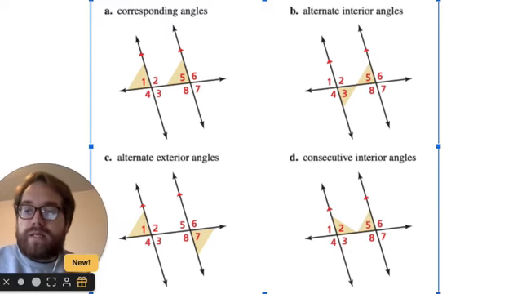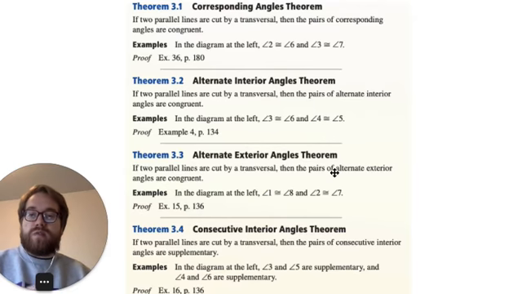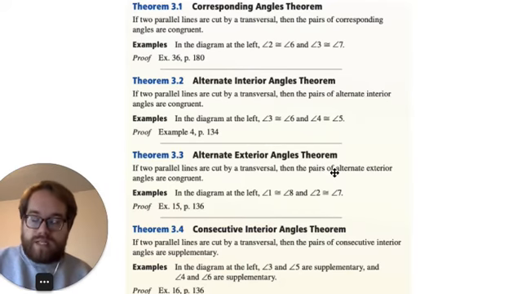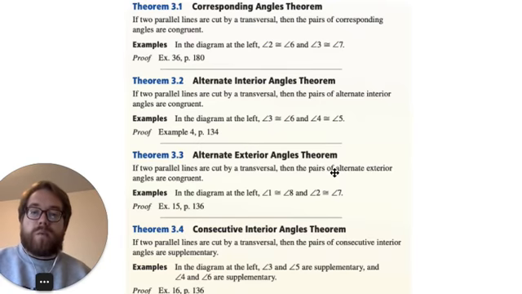But because it has been proven with these theorems that if we have two parallel lines cut by a transversal, then the corresponding angles are congruent, the alternate interior angles are congruent, and the alternate exterior angles are congruent. And remember, congruent means they have the same measurement. And then the consecutive interior angles are supplementary to each other.